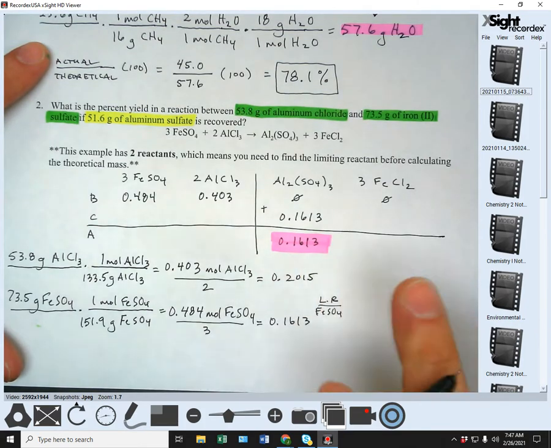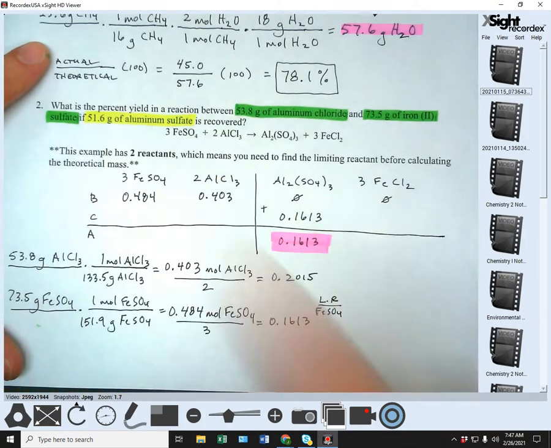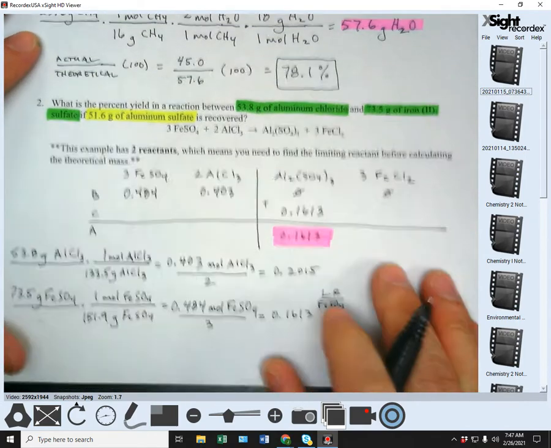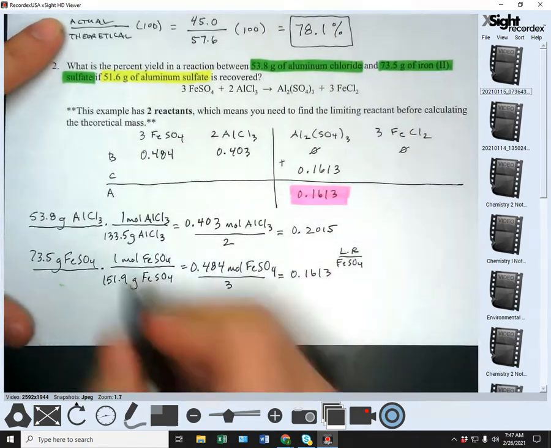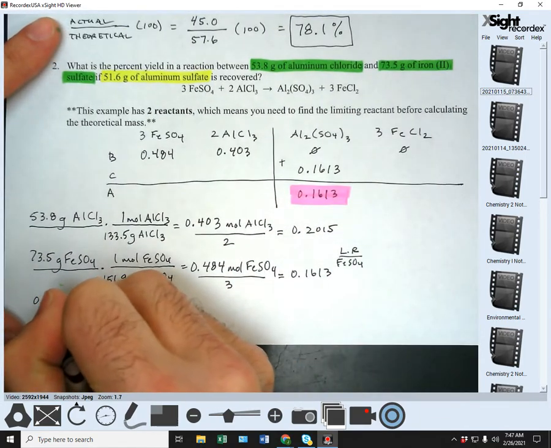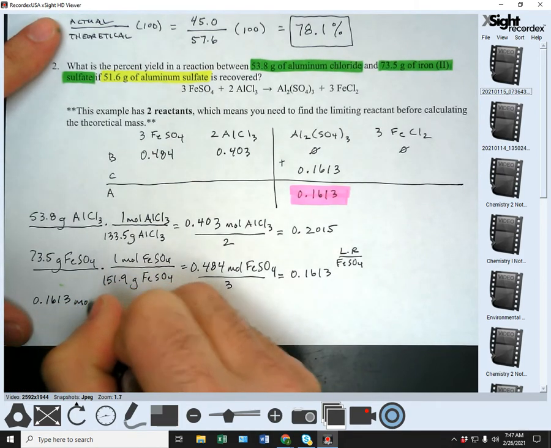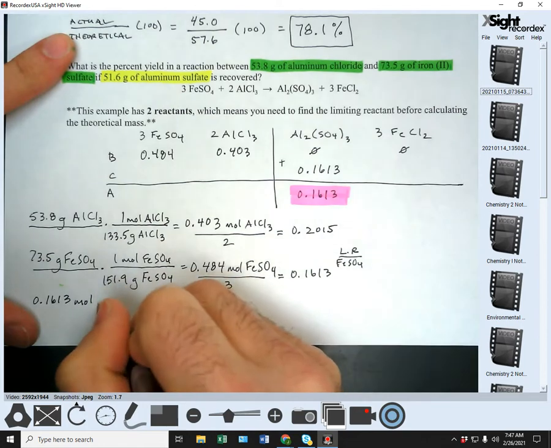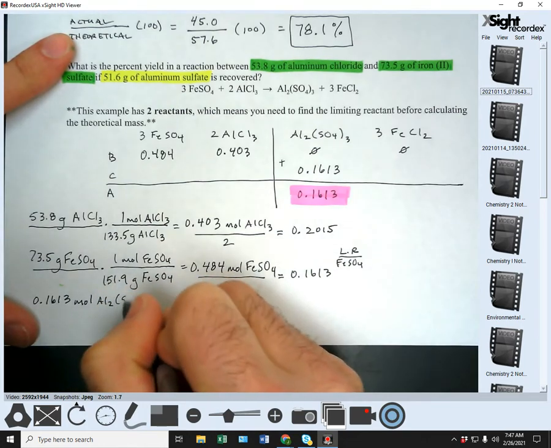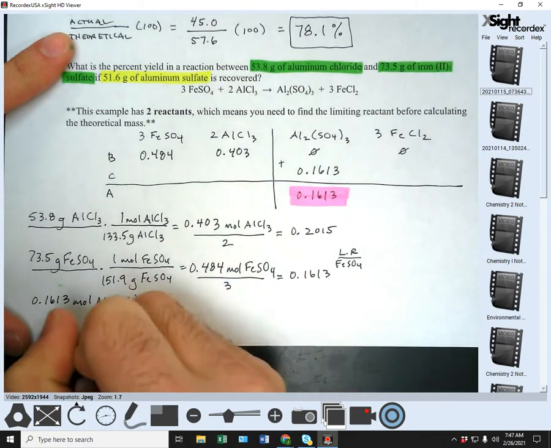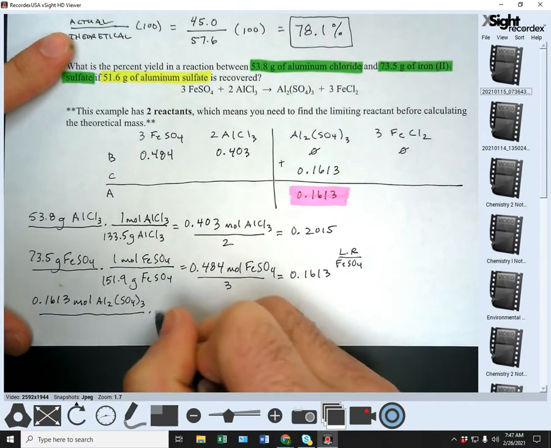This is in moles. We need grams, right? So we're going to take 0.1613 moles of aluminum sulfate. We are going to turn that into grams.